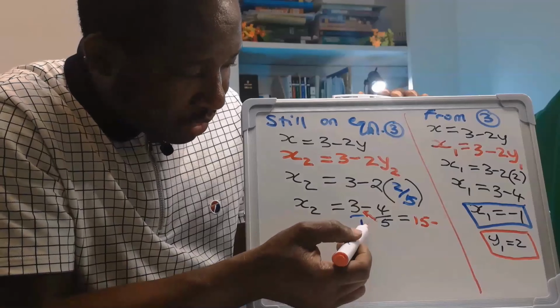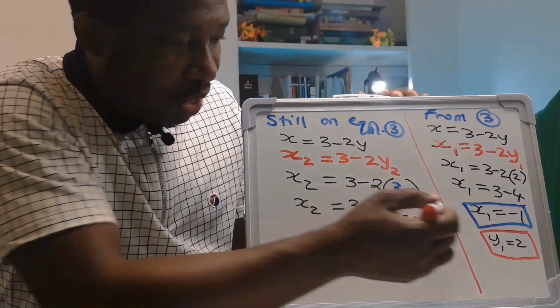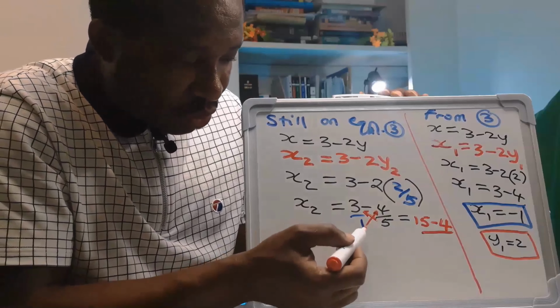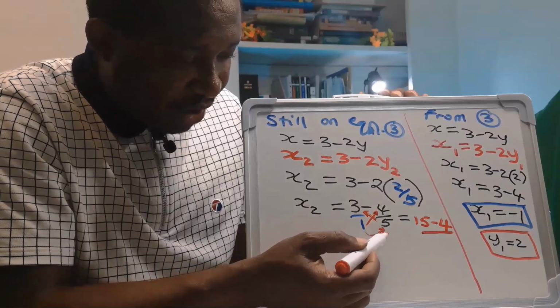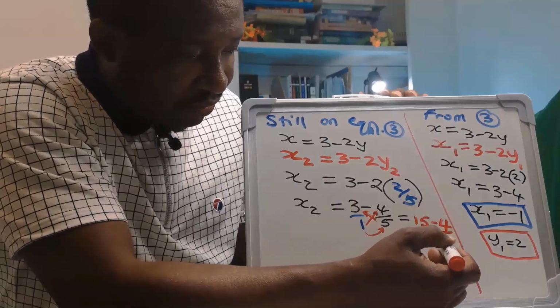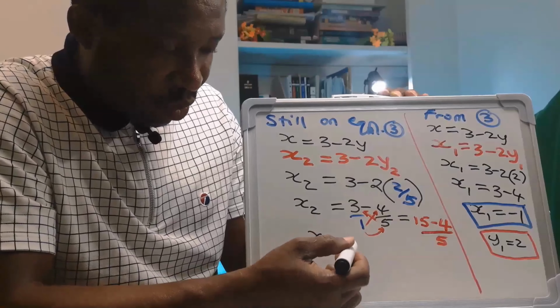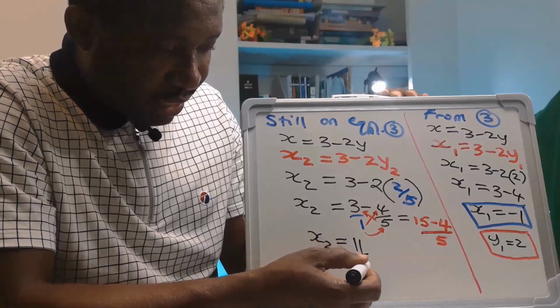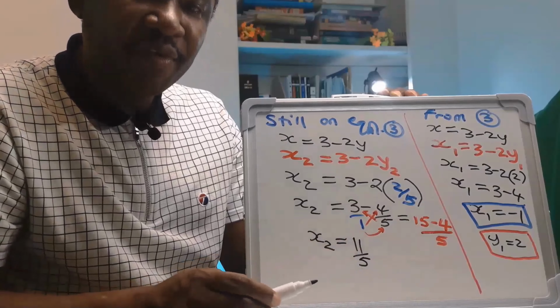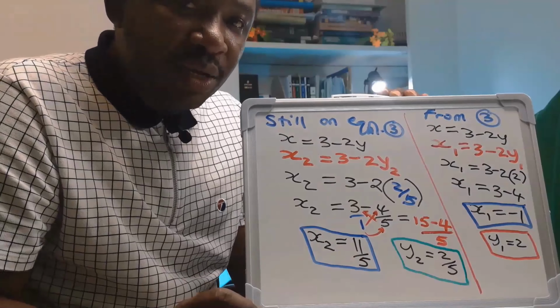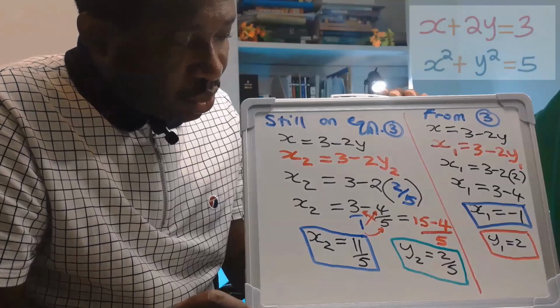Next, 1 will multiply 4, and you are going to get 4. At the denominator, 1 will multiply 5, and you are going to get 5. x2 is now 15 minus 4 is 11, and at the denominator we have 5. x2 is 11 over 5. y2 is 2 over 5.